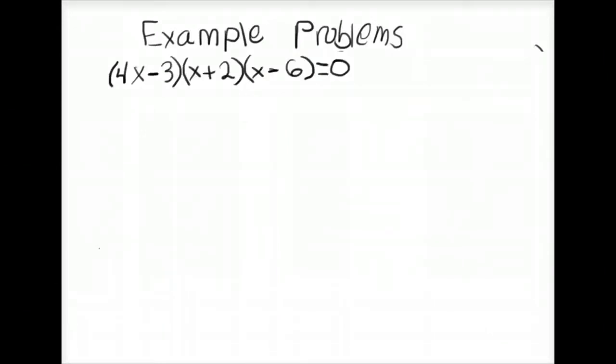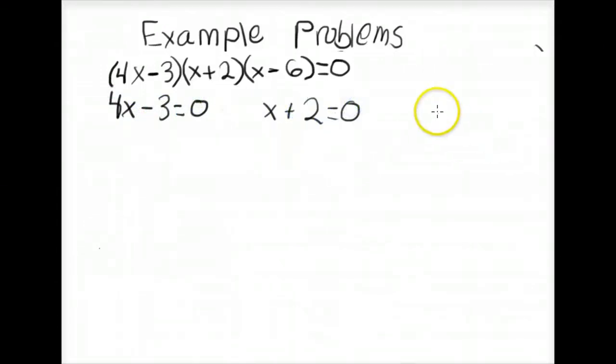So for this next problem, we have three factors that prove a product to be 0. So to solve this equation, we can set any of these factors equal to 0, because that would prove this expression to be true. So we can say 4x minus 3 equals 0, x plus 2 equals 0, x minus 6 equals 0.